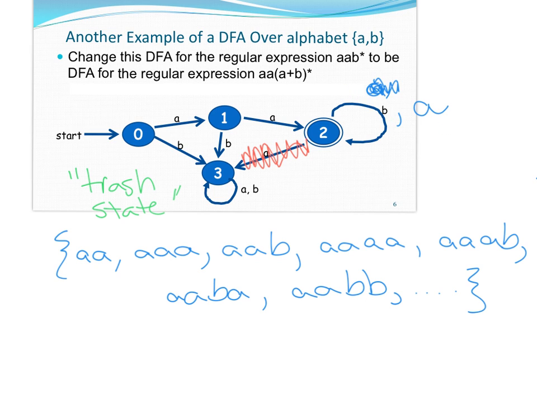So for example, if we look at 4 A's, we do 1, 2, 3, 4, and we end up at state 2, which accepts. If we do 3 A's and a B, A, A, B, we accept. But if we have a string that doesn't start with two A's, if we start with a B, we're in the trash. If we start with an A and then a B, we're in the trash.